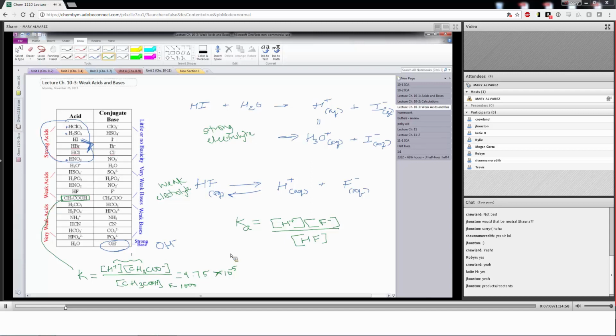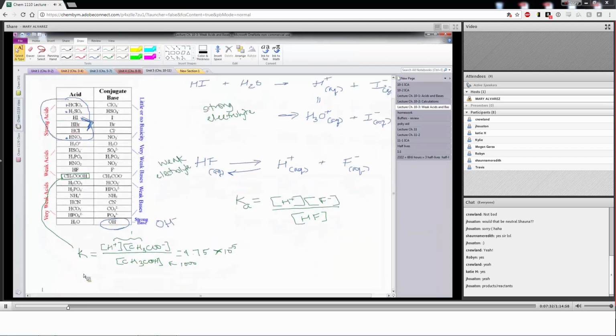And if we wanted to see how much that was, we could actually just solve for my H plus ion here. Solve this equation for the H plus ion, and then plug it into our pH equation and discover what the pH is going to be for our acid with the concentration given. Does that kind of make sense? You guys think you might be able to solve for the H plus there?